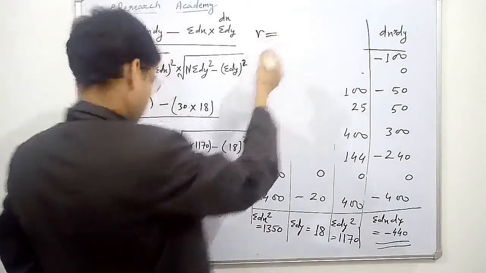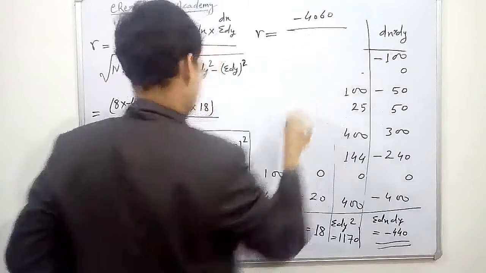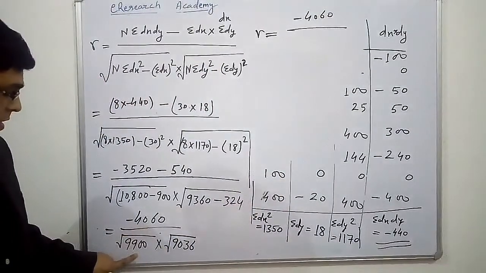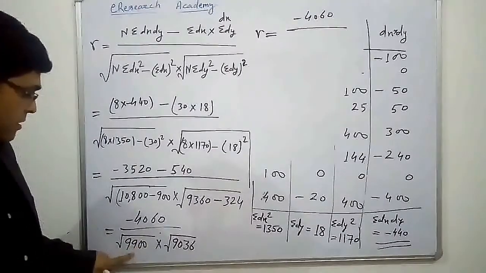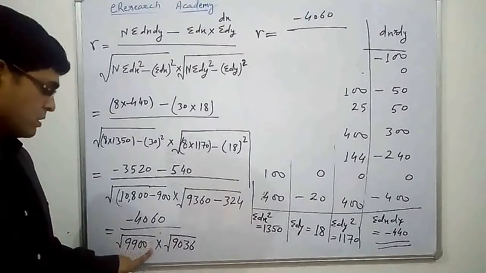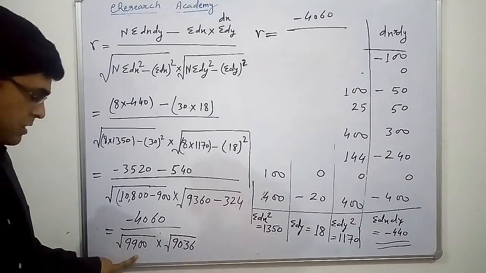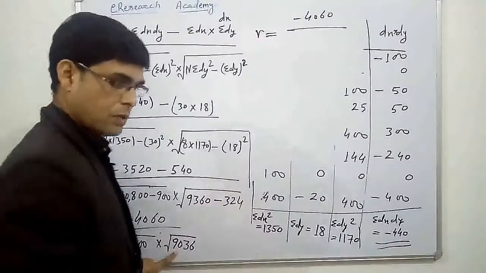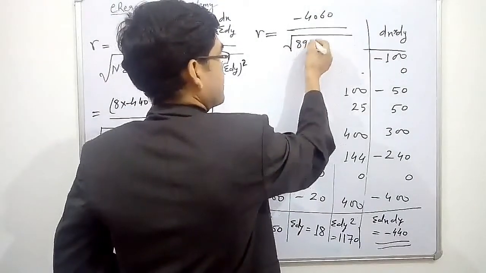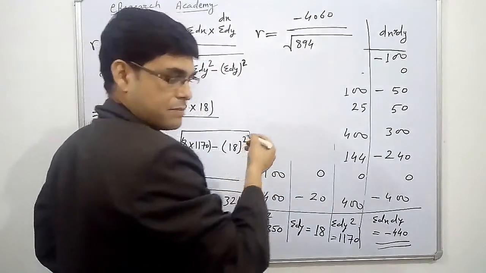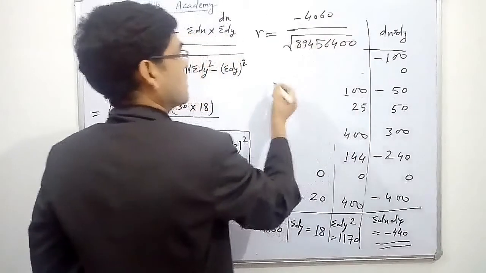So the correlation is equal to minus 4060 upon, we have two ways: either get the square root of both values and then multiply them, or multiply these two values first and then take the square root. I am multiplying these two values first, then I will take the square root. This into this gives 89,456,400.